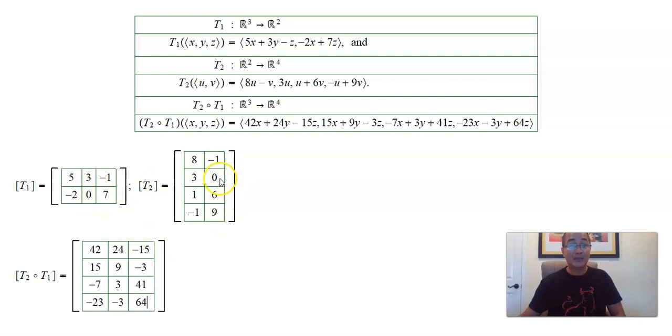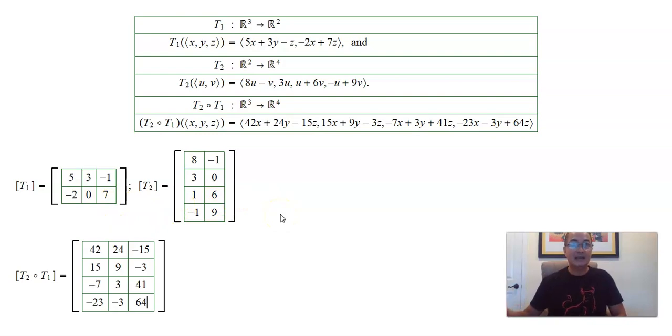Well, they did come from these numbers, right? Because this was our u, 5x plus 3y minus z. That got multiplied by 8. And then we subtracted this because that was our v. So these numbers did come from these numbers.